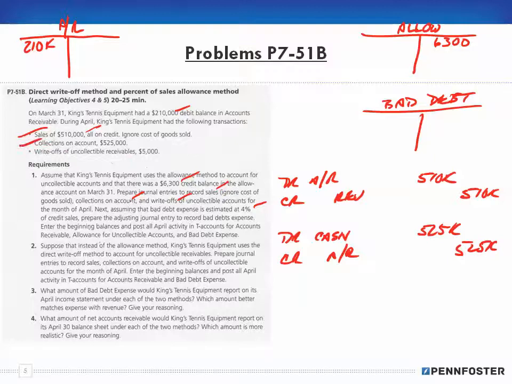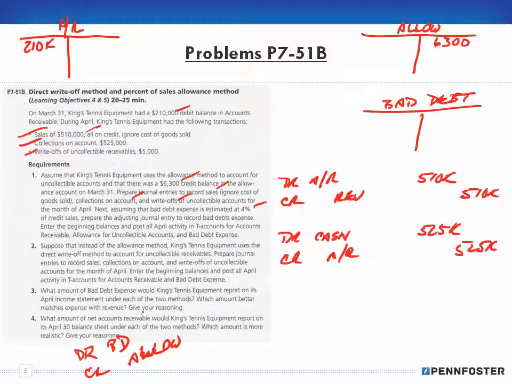Right, and then it says write-offs of uncollectible accounts. Well, the write-offs of uncollectible accounts mean we know we're not actually going to receive those amounts. And remember, if we're using the allowance method, when we estimate, we debit bad debt expense and we credit our allowance account, right?